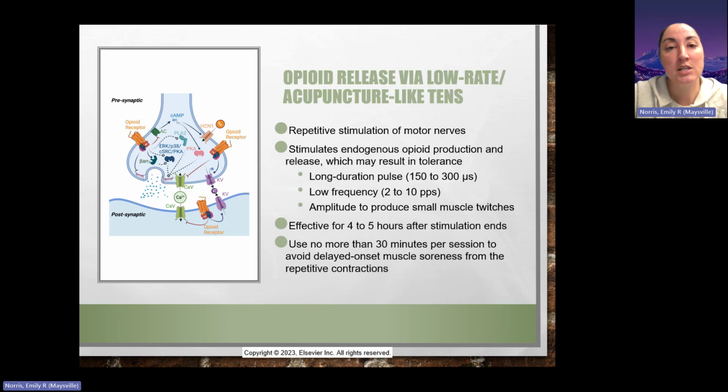And so, in order to decrease the likelihood of them building a tolerance, you can change the frequency in order to help kind of throw their brain off and not just get used to that stimulus and no longer respond to it. So if you're trying to keep them from developing a tolerance, then one way is to modulate the frequency in the parameters.